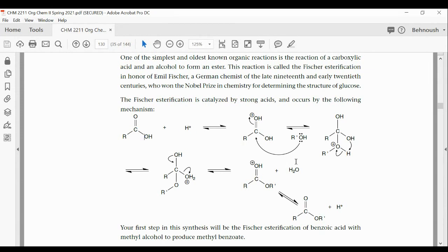In this nucleophilic substitution reaction, what's your nucleophile? Cindy, can you tell me what's your nucleophile? Gian or Cindy, what is your nucleophile in this case?